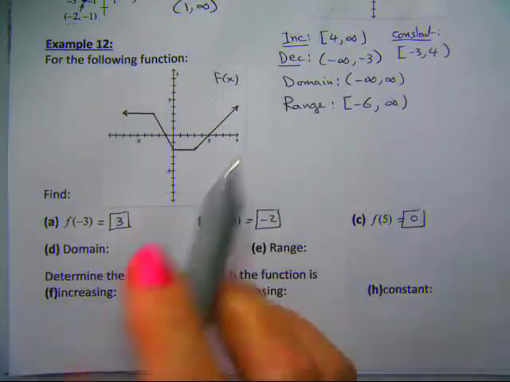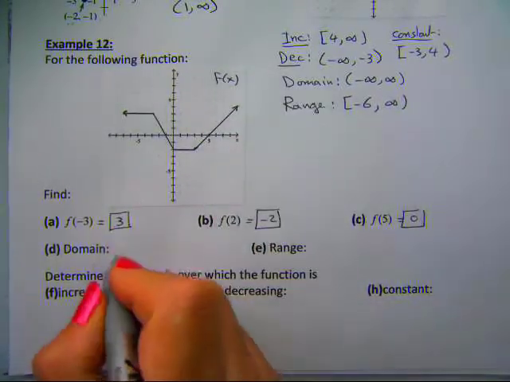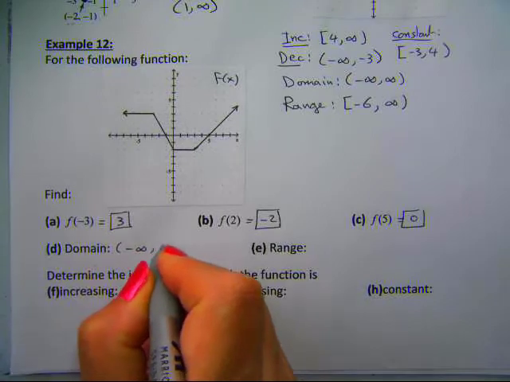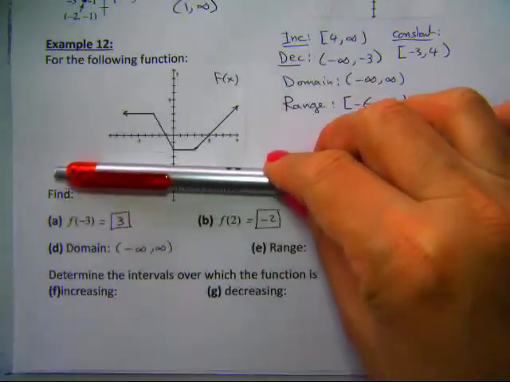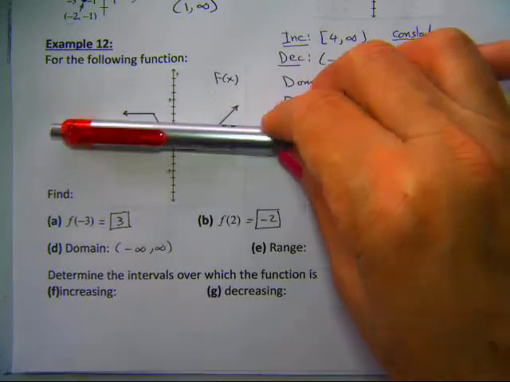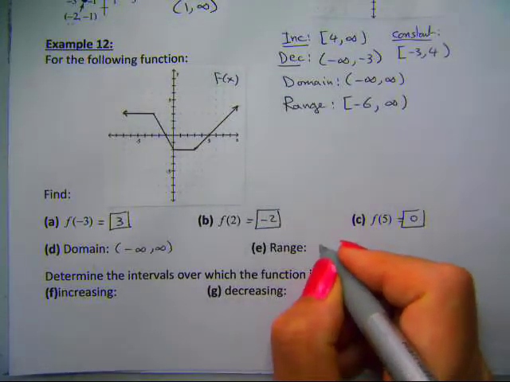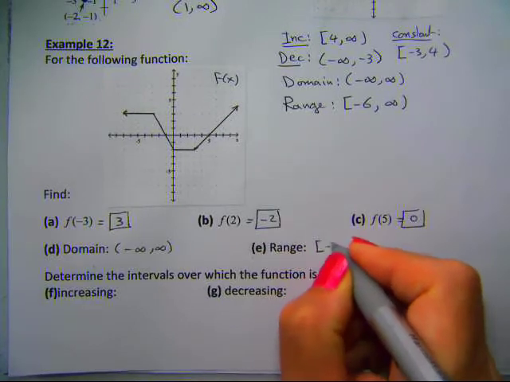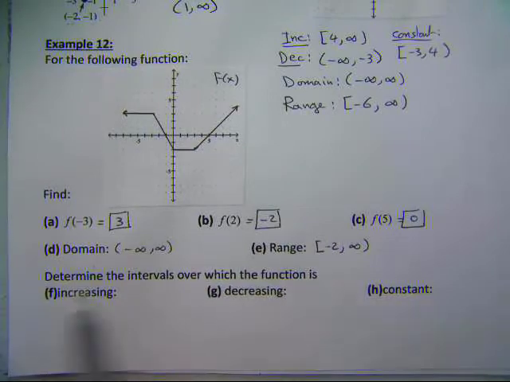Now what's the domain? Scanner left to right, all real numbers. Negative infinity to infinity. What's the range? Let's see, down to up. We start at negative 2, and there's an arrow here, so it is including negative 2 to infinity. Where is it increasing?